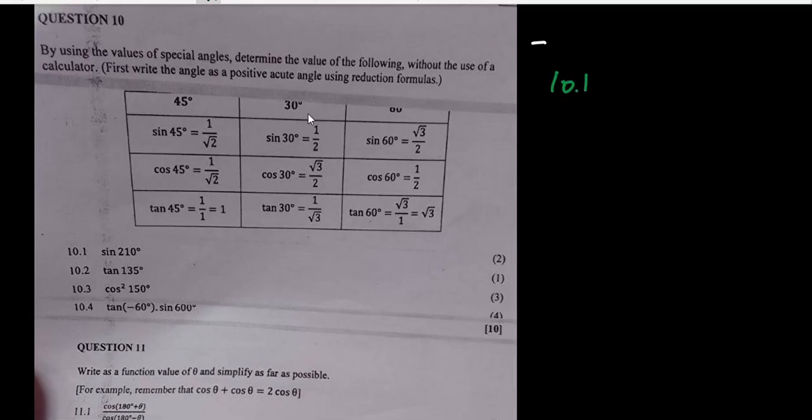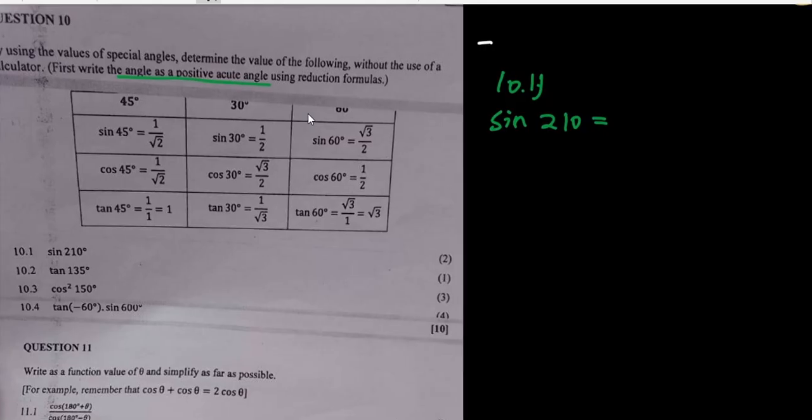So 10.1, they've given us sine 210. They said that we should write this as a positive acute angle using reduction formulas. So we can rewrite this as 210 minus 180.